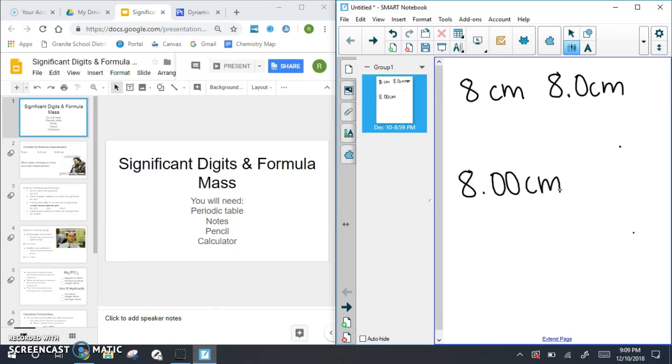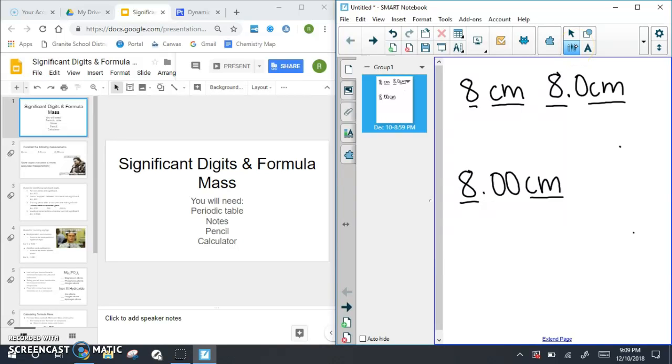Some of you might say that they all have the same units. Centimeters, centimeters, and centimeters right here. You'll also see that they all are technically the same number. This one's 8, this one's 8, this one's 8. The only difference that you can probably see on the screen is how many zeros we are dealing with.